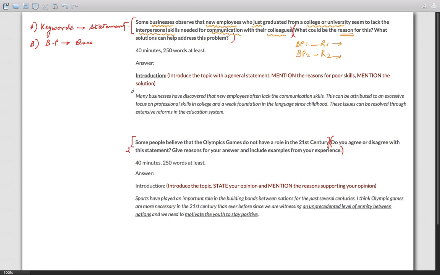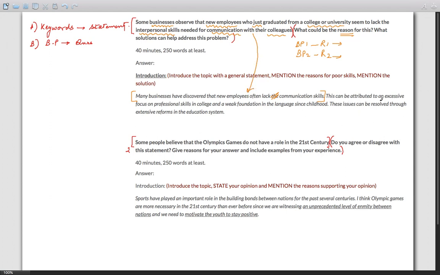Now let us read this introduction. Many businesses have discovered that new employees often lack the communication skills. It should not be "the communication skills", they lack communication skills. This part is basically paraphrasing of the statement while maintaining context.